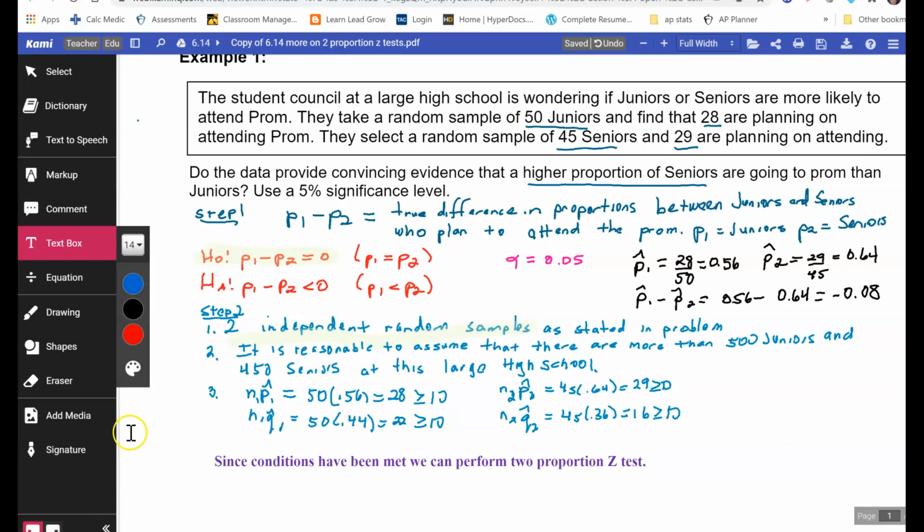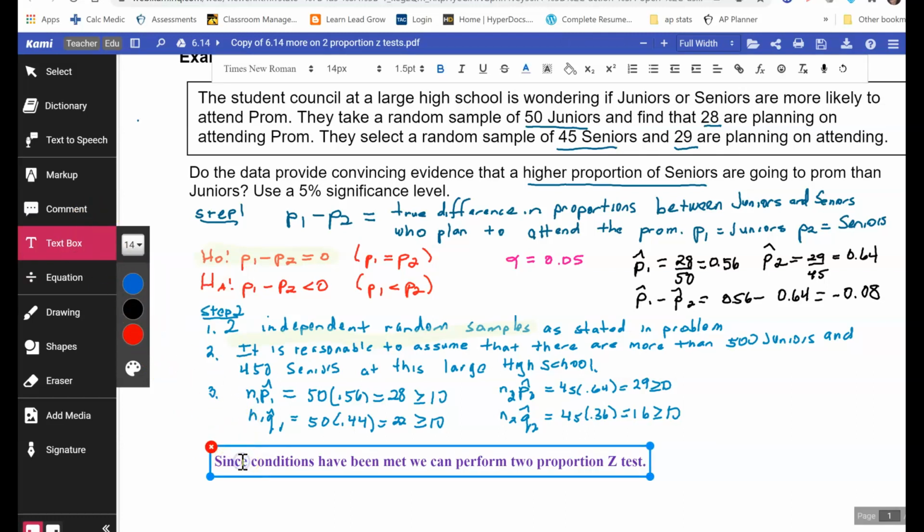Good job. Just an interesting note for those of you who are using Kami. You may not be aware, but if you create a text box and look at the toolbar, all the way to the right next to the undo or rotate button, there is actually a record button.